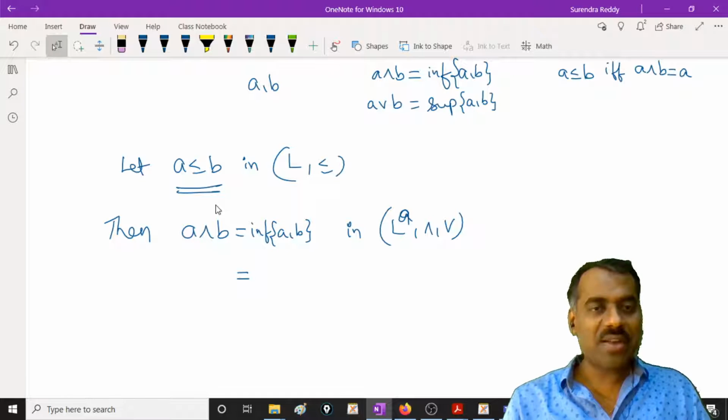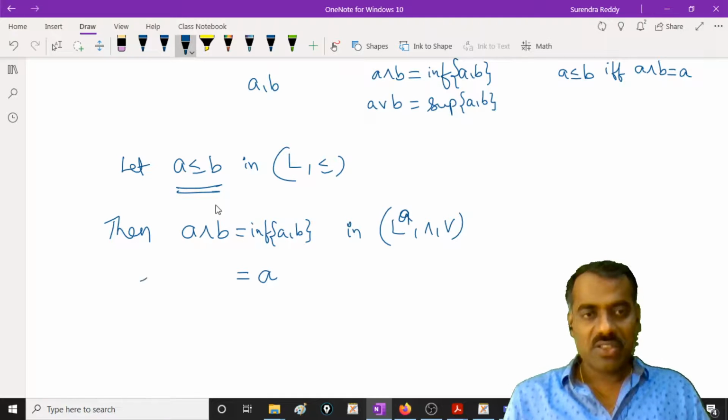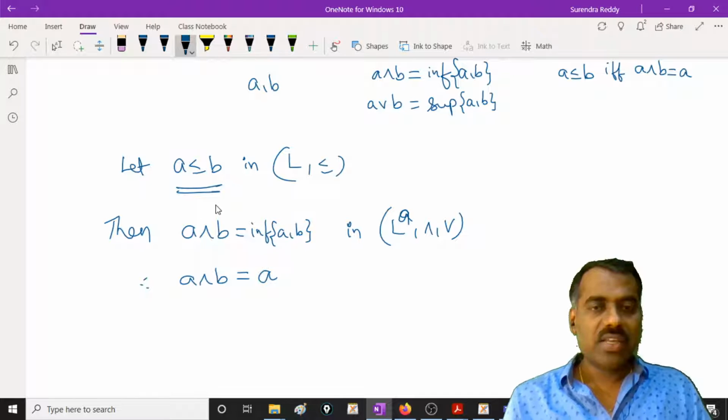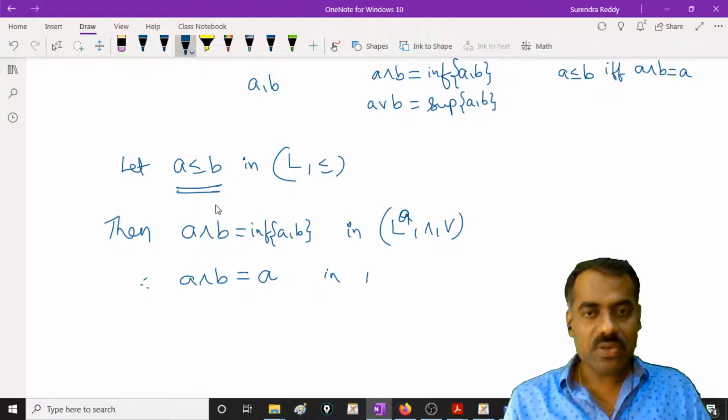Because a is already a lower bound, it is the greatest lower bound. Are you following? So we got a meet b is equal to a here, right?